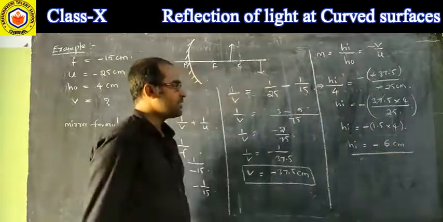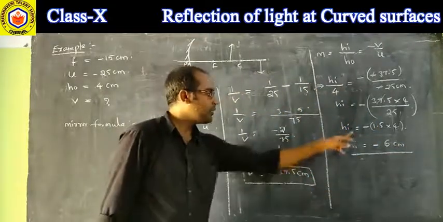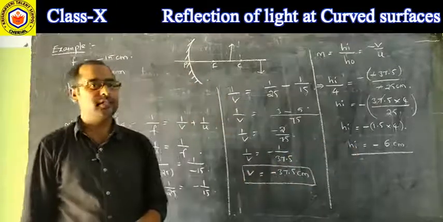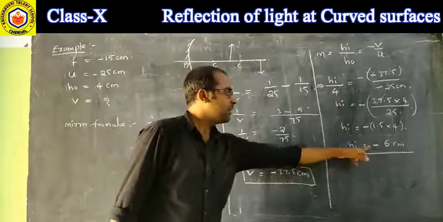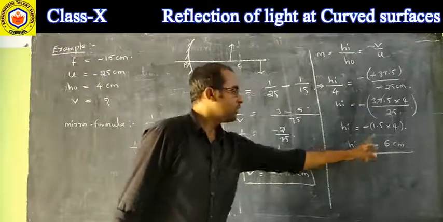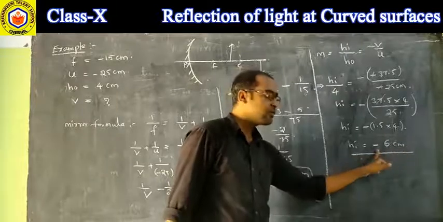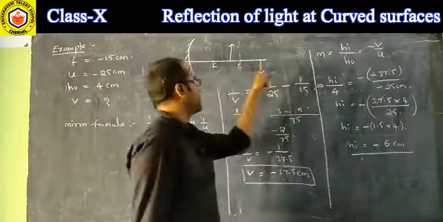The height of the image is 6 centimeters, and the negative sign indicates it is an inverted image. So minus 6 centimeters: 6 centimeters is the height of the image, and the minus indicates it is inverted and real.